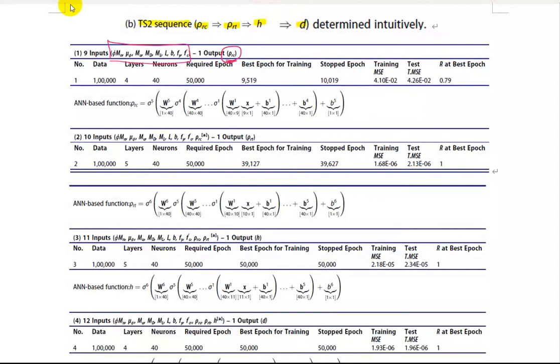And after you train ROLC, you can put it on the input side here to train ROLT. After you train ROLT, you can put ROLC and ROLT both on the input side to train H, and then you put everything here, making 12 input parameters to train output D. And this is one way you can train all these reverse outputs.